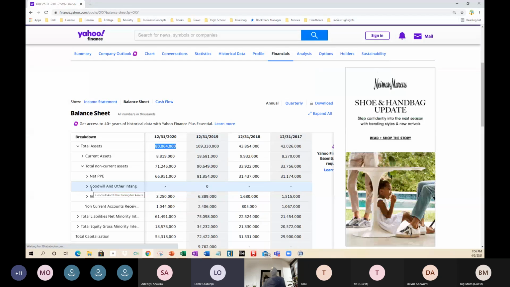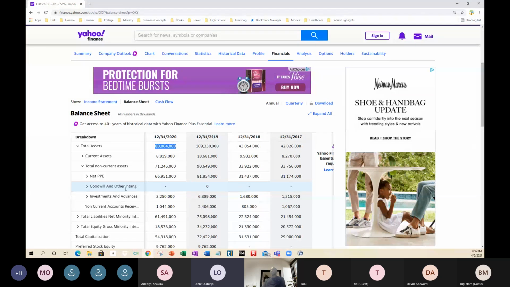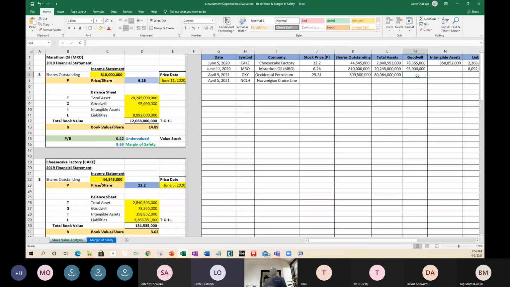Again, I will explain that when we look at financial statements. But the company has no goodwill. Similarly, in this financial report, they bundled goodwill and other intangibles together. So their goodwill and other intangibles is 0. So if we go back to that sheet, you just put 0 here for goodwill, 0 for other intangible assets.